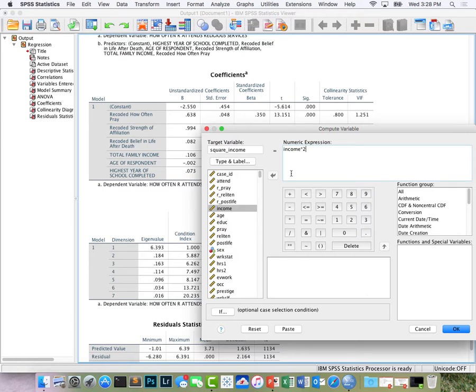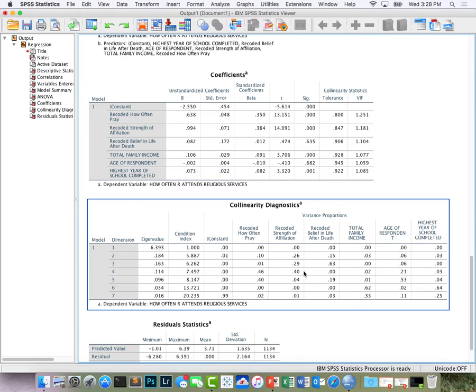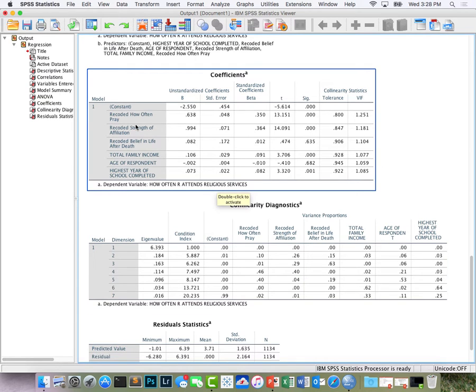That should do it. I think in some programs we use a caret, right? I don't think SPSS likes that. I think we do 2 asterisks and then whatever power we want it raised to. And so now we should have a new variable.